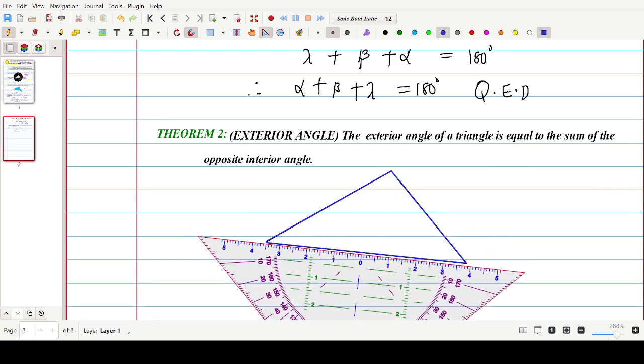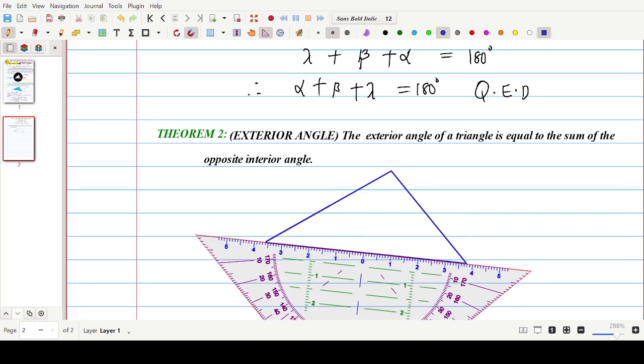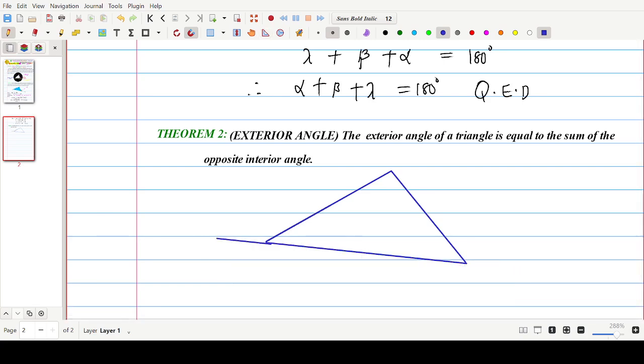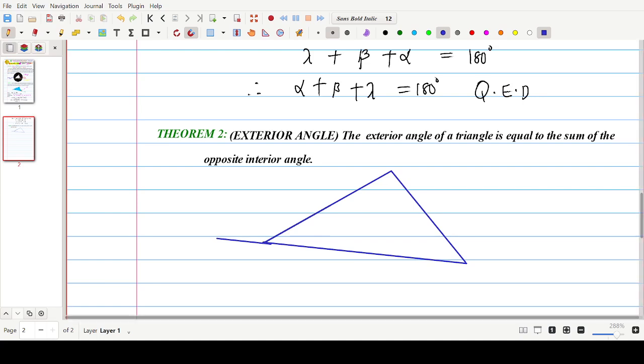Can you remember? So that means I have to produce a side into the exterior of the triangle to have the exterior angle. So I'll produce this. Yeah, this is correct now. This is the complete information. So make sure you read the statement very well to know what is given to you. You don't leave anything behind. You must know what is given to you in its completion. So let me call this A, B, C. Then we'll call this point D. All right.